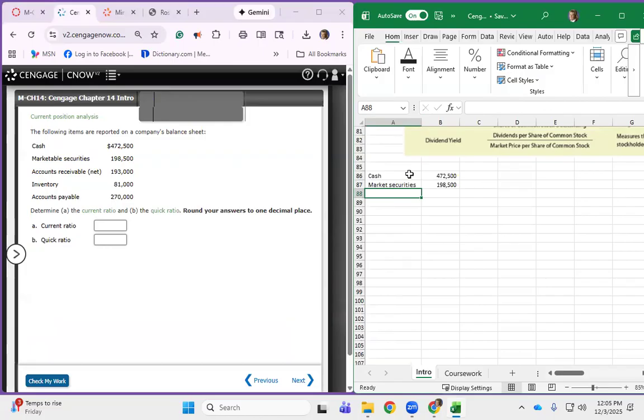Up to now, accounts receivable has been the next liquid asset that we have. I'm going to abbreviate here, not AP, AR, 193,000. And inventory.